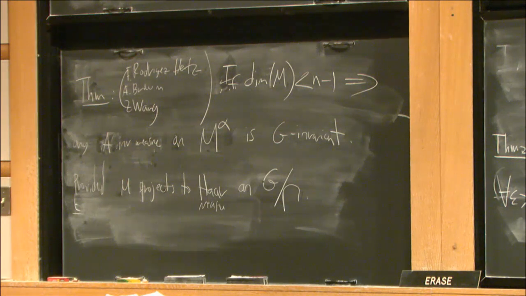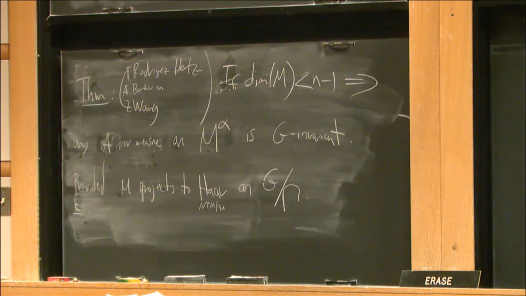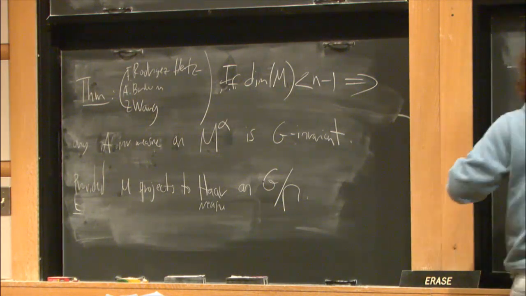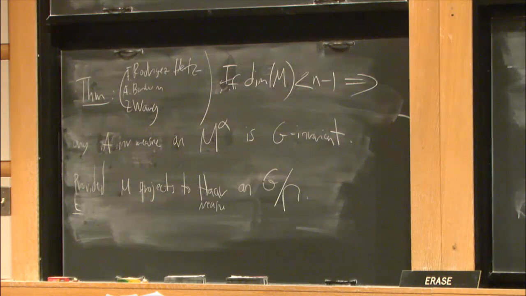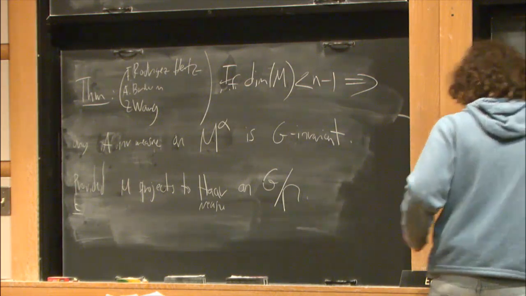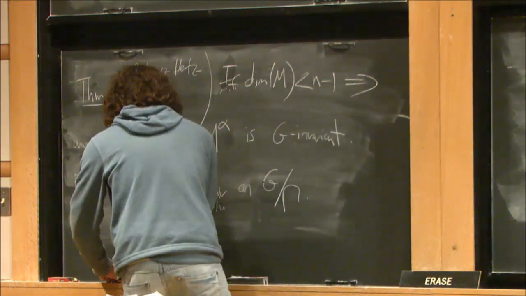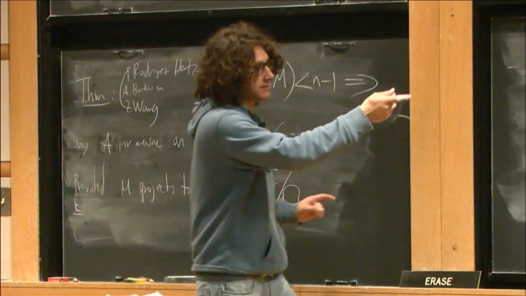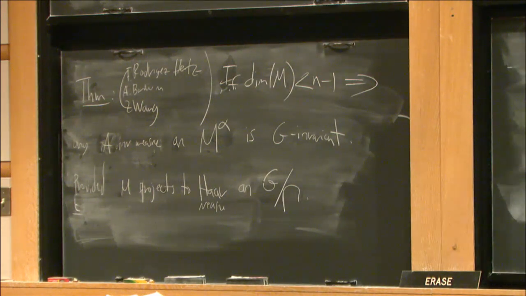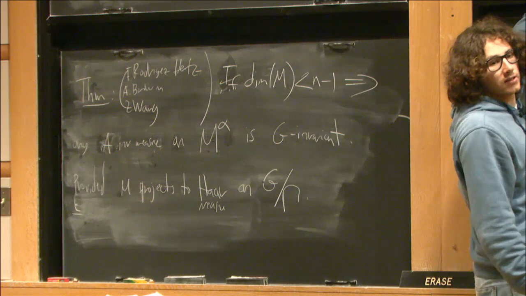Oh, maybe I shouldn't erase this one. Let's see. So, abelian, this thing is just, if the theorem was not true, this thing was not true, right?